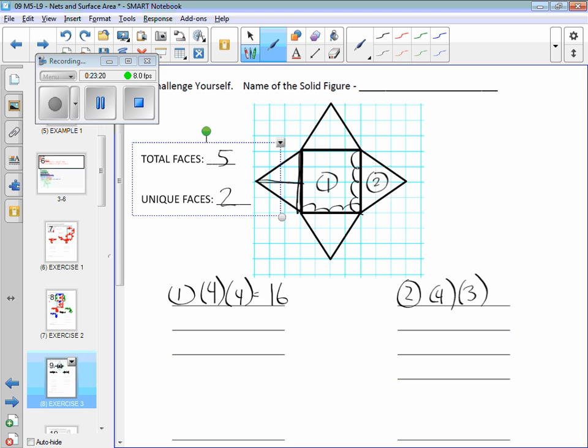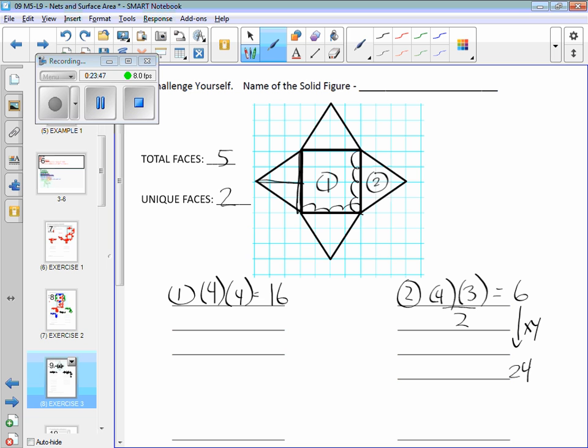The unique shape number 2 total is 12, right? However, how many of them are in that unique shape? So you've got to do times 4. Correct. I forgot to divide by 2. Thank you. So 4 times 3, but I've got to divide by 2 because it's a triangle. So this becomes 6 times 4.